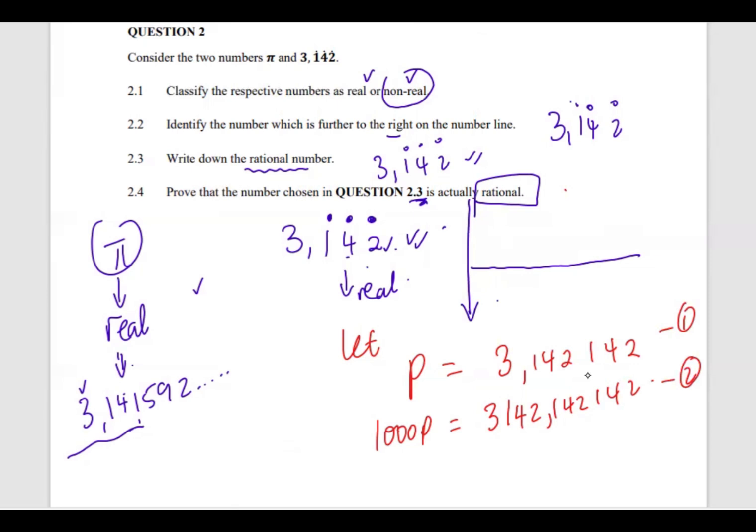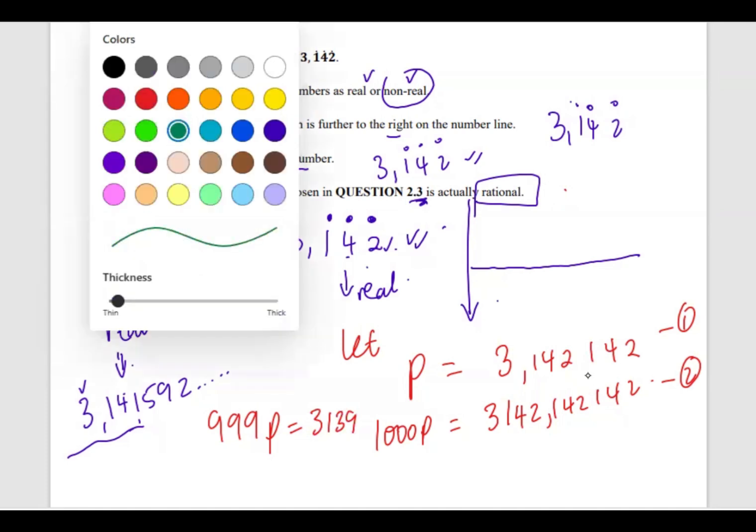So 1,000 minus 1, I'm going to have 999P is equal to 3,142. We are subtracting a 3. We end up with 3,139. And then what we do is divide both sides by 999.